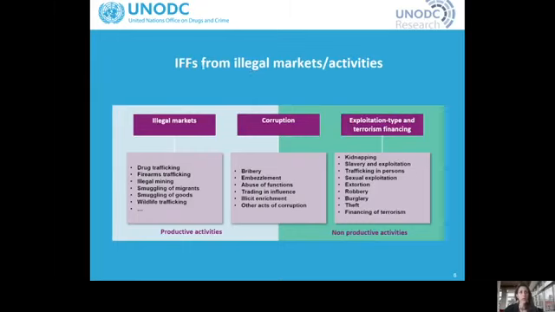Going more into detail of what are activities related to illegal markets and criminal activities, we identified, under illegal markets, activities such as drug trafficking, firearm trafficking, trafficking in protected wildlife species, and under exploitation type and terrorist financing activities, kidnapping, slavery and exploitation, sexual exploitation, extortion, and so on, which are separated because they have a different impact and a different type of, let's say, approach to national accountants, because some illegal market activities are productive activities where the actors of the transaction have a consensus in the transaction, whereas exploitation type are a kind of theft activity, and one of the two parts of the transaction generating illicit financial flows has no consensus.